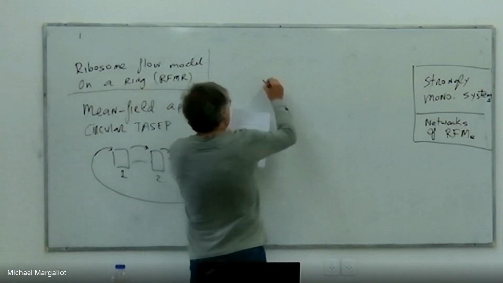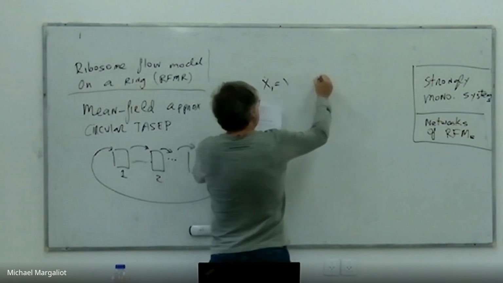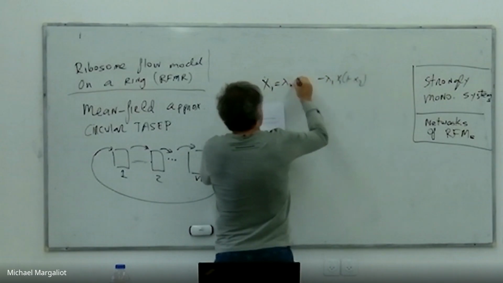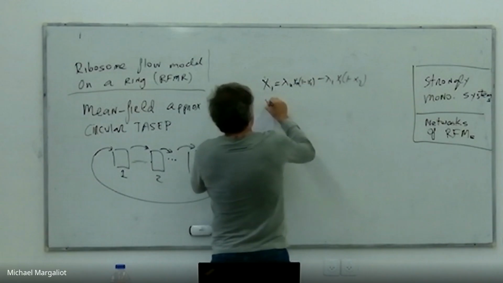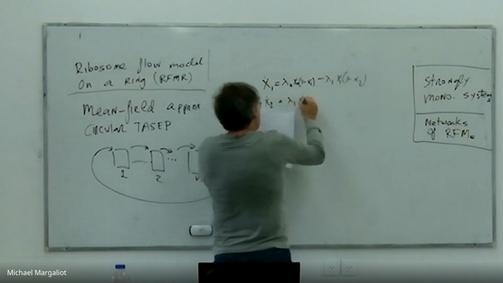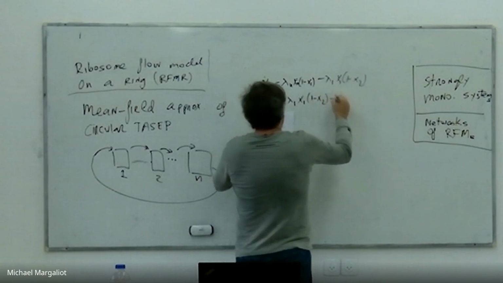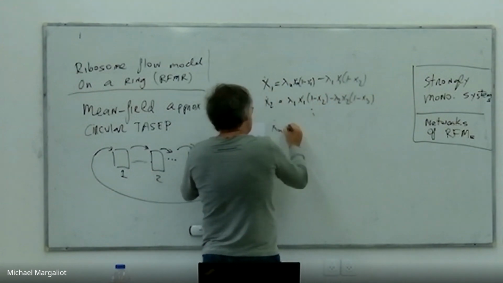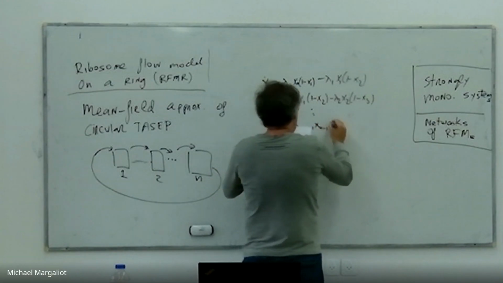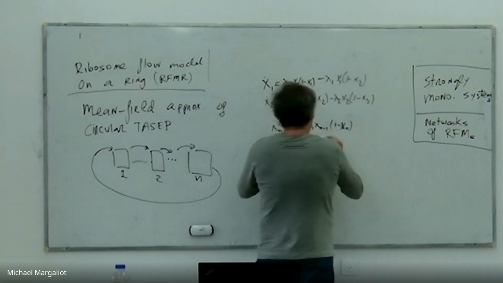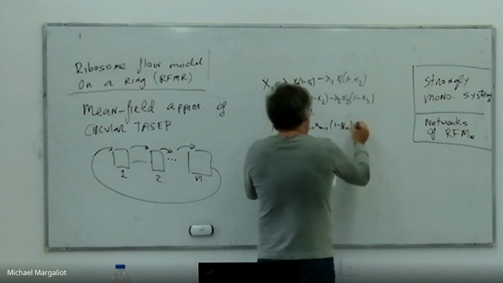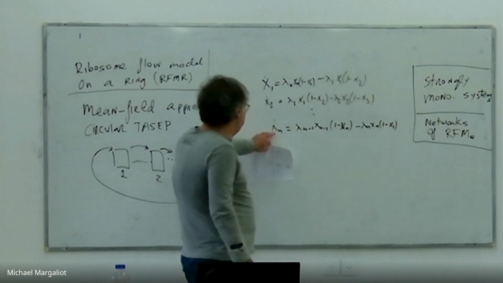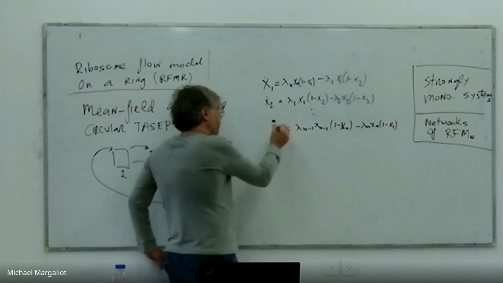And what will the equations look like? So the flow out of the last site, we have x_n dot.